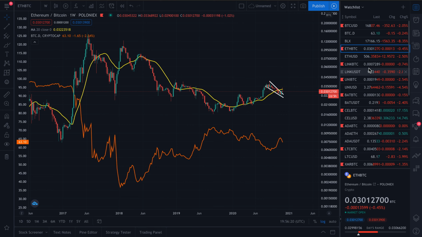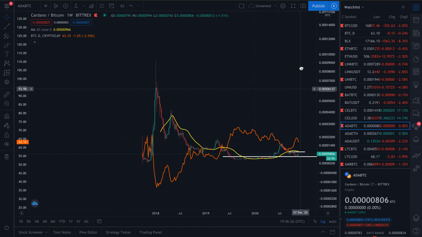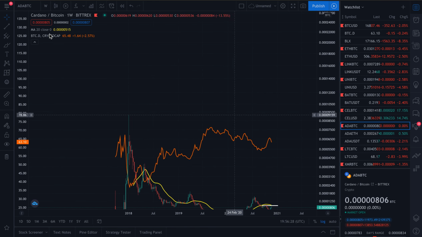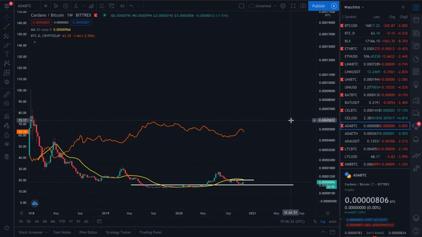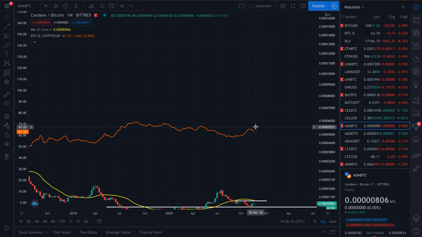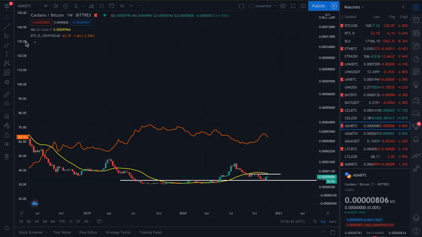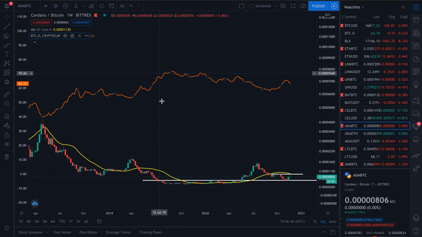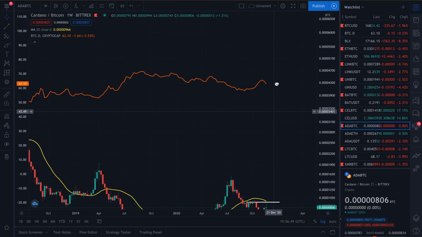Use the dominance chart, flip it to any kind of altcoin. I would only really want to add this to like top 20 coins. This might not make much sense comparing a rank 80 coin, because it might just not work out, because even with Cardano, I'm trying to get this here.